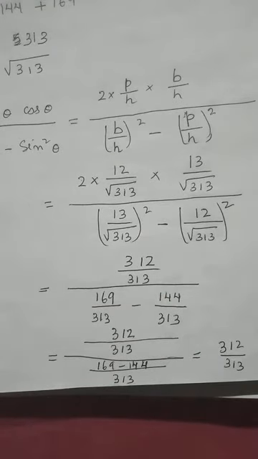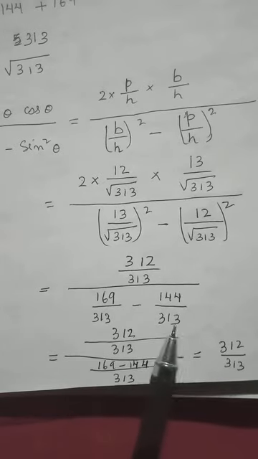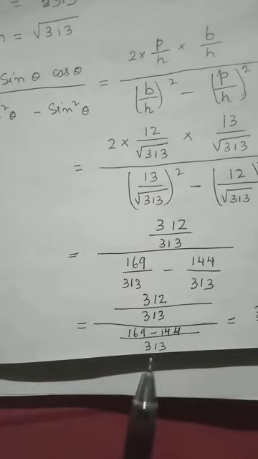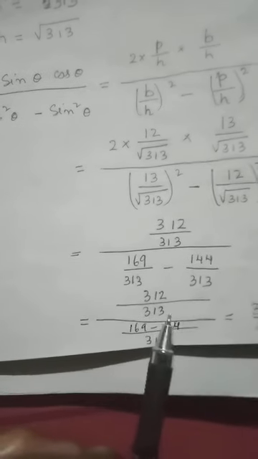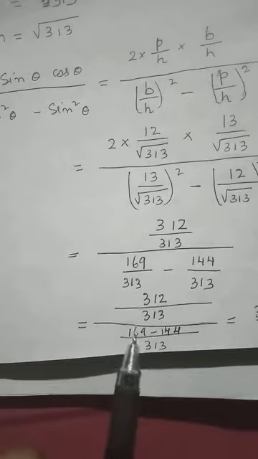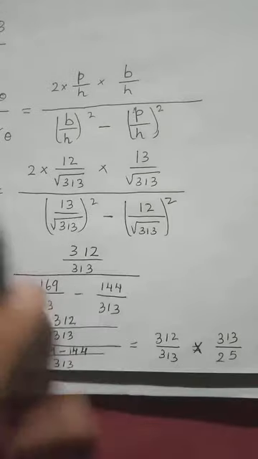Now here in the denominator we have a fraction, so I have to take the LCM. 313, 313, they are the same number, so we can take only one. So if we take only one, the numerator remains the same. So here 313 denominator, 313 denominator, we can cancel. So 169 minus 144, we get 25 over 313.